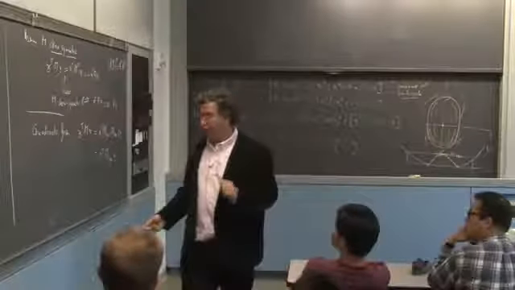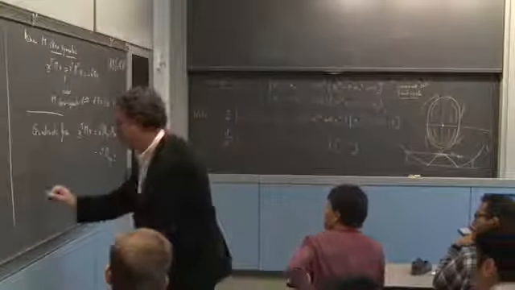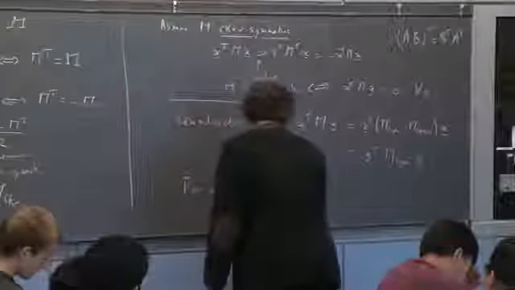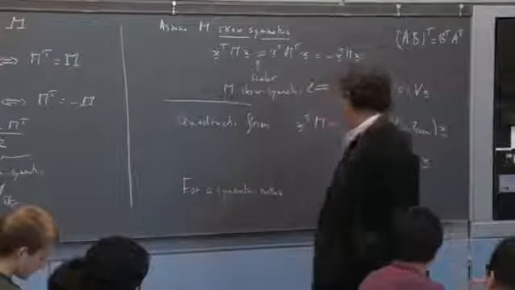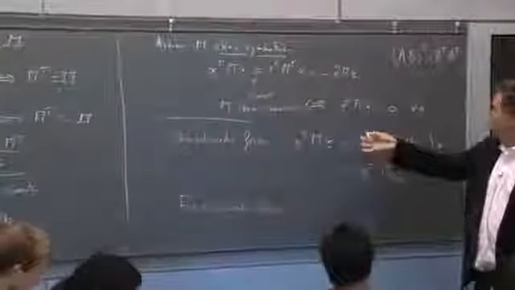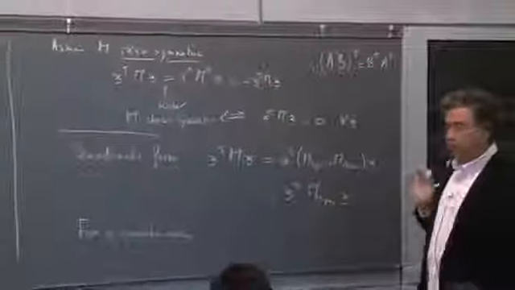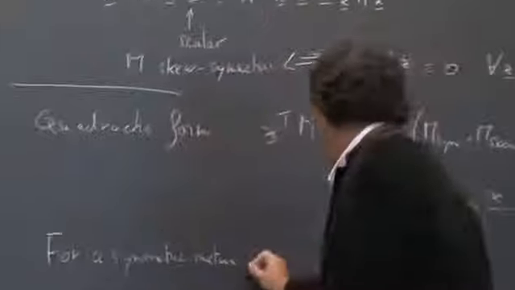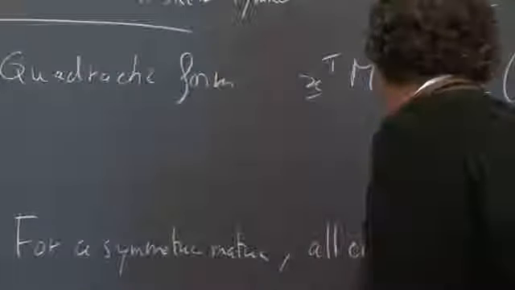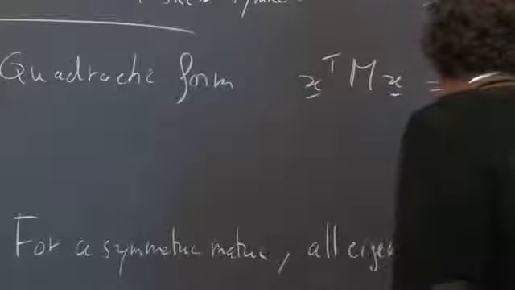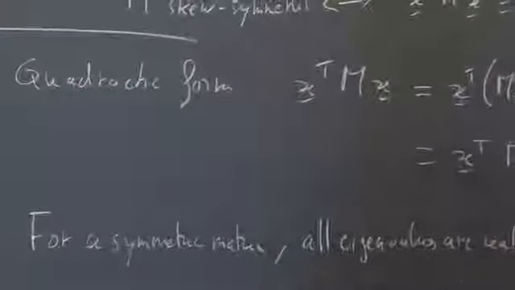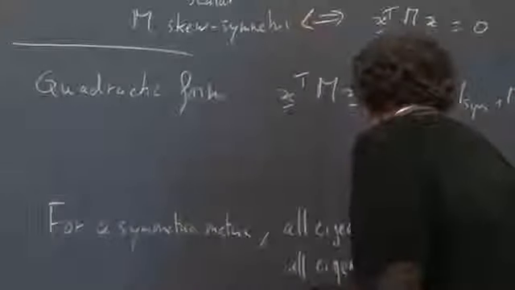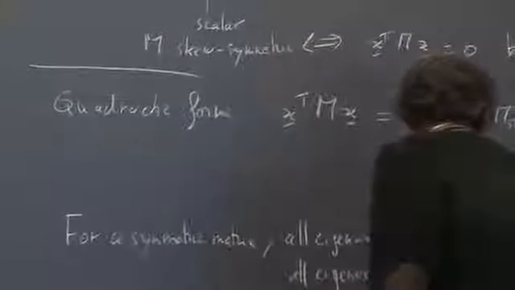Now remember, since you're mentioning this, one of the reasons why it's a nice thing to remember that only the symmetric part matters: for a symmetric matrix composed of real elements, all eigenvalues are real, and all eigenvectors can be chosen orthonormal.